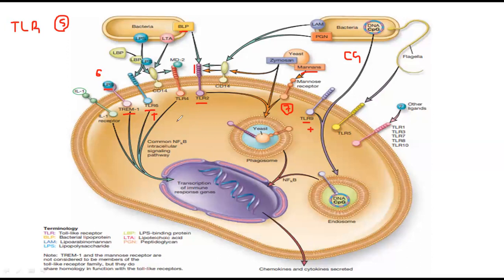Signals are produced, and these signals activate different transcription factors. These transcription factors then induce transcription of the DNA, and different proteins are produced in the form of cytokines. These cytokines are then released by the immune cells, the macrophages, and they interact with the adaptive immunity.